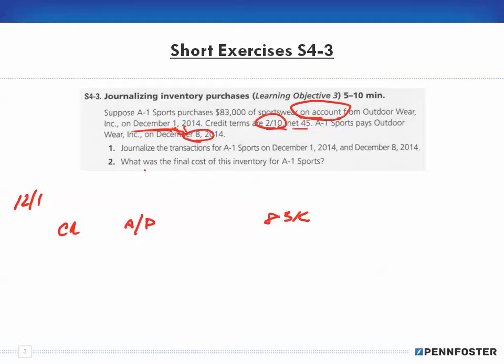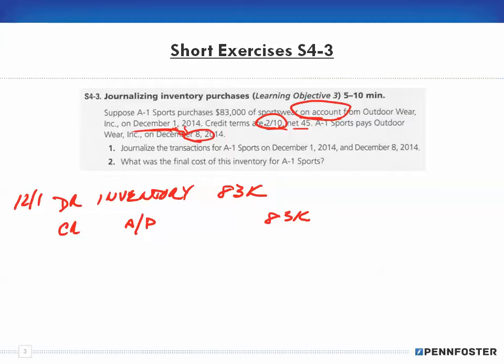And if my debits have to equal my credits, I'm going to debit something else. Of course, I'm buying inventory, so I'm going to put it to the inventory account for 83,000. Right, so that's that entry.